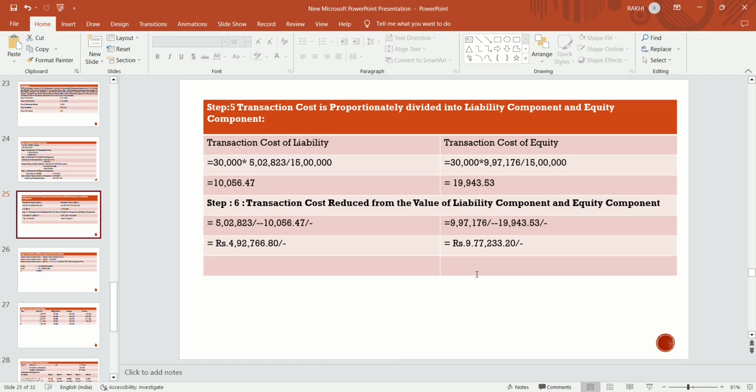Liability amount is 4,92,766 after reducing the transaction cost, and the value of equity will become 9,77,233 after reducing the transaction cost of the equity, that is 19,943. So this value is after reduction of transaction cost.